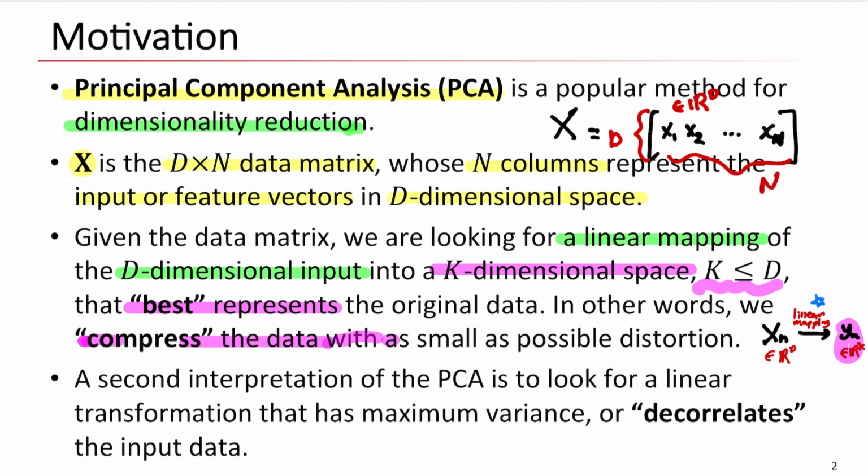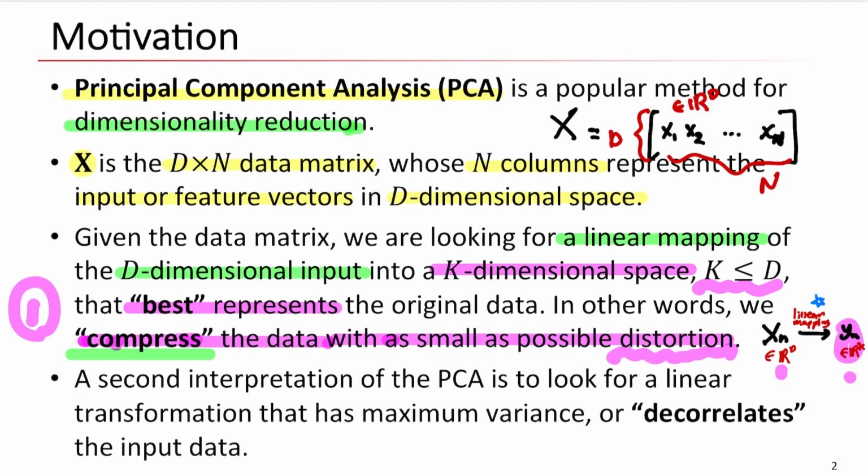So we want to minimize the distortion or the error from xn to yn, right? This is called the compression. Okay, this is the first goal of the PCA algorithm.